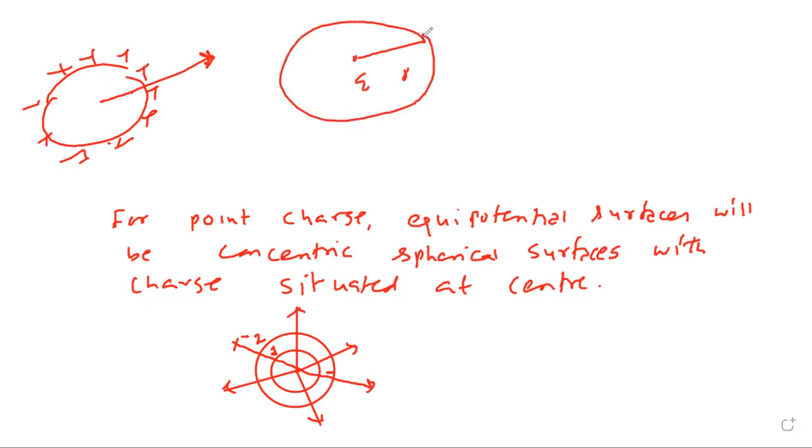What is the potential? It is constant throughout at distance r. Therefore this spherical body is called an equipotential surface. Here 1 and 2 represent equipotential spherical surfaces. Any more doubts? No, sir. The charge we have assumed to be at the center.